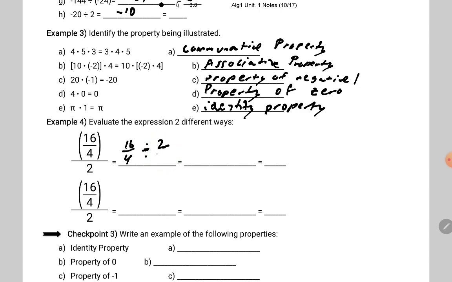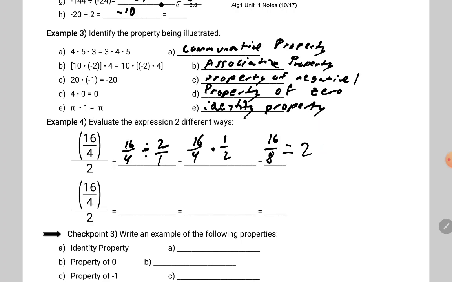And remember, our whole numbers, we can just write them over 1. So if we do that, we keep the first fraction the same, change it into multiplication, and then flip the second fraction. So we'll get 16 over 8. How many times does 8 go into 16? Twice.